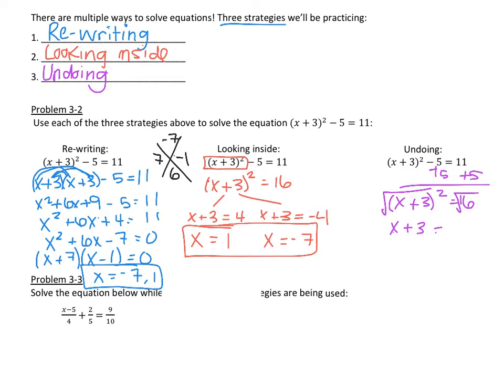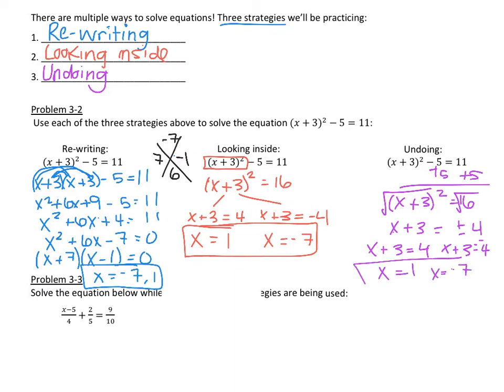And the square root of 16, now be careful about this, because when I take the square root of 16, I get the two possible roots of plus or minus 4. So that means x plus 3 could equal +4, or x plus 3 could equal -4. And then I would subtract 3 in each of those separate situations and get 1 and -7.